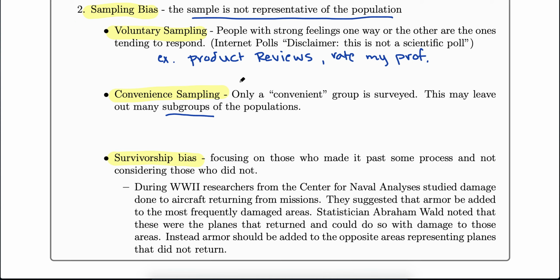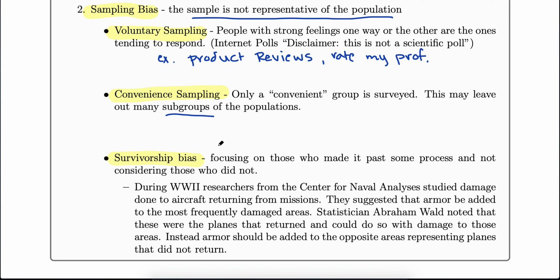So it's convenient and comfortable. But the problem is the only people passing by at 10 o'clock on a Wednesday morning are probably going to be individuals who don't have to work during the week. You're going to miss out on huge segments of the population. So I don't think I need to spell that out. You can think of lots of segments of the population you might be missing there.